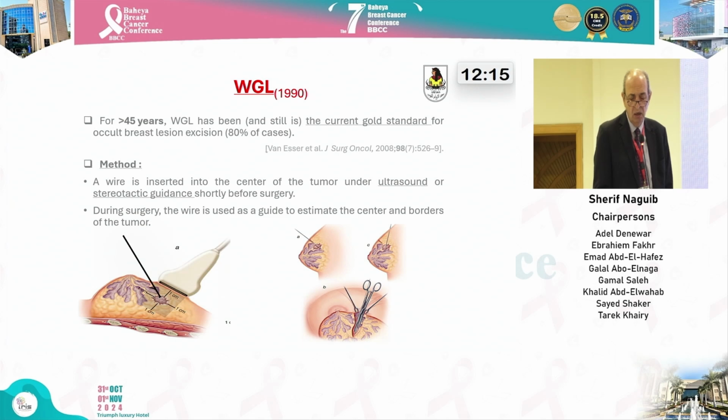The interventional radiologist introduces a thin wire guided by ultrasound into the tumor, either on the same day in the morning or one day before surgery, and the patient is taken to the operating theater. The surgeon opens the skin close to the wire, follows the wire until reaching the tip of the wire, and lumpectomy is done.